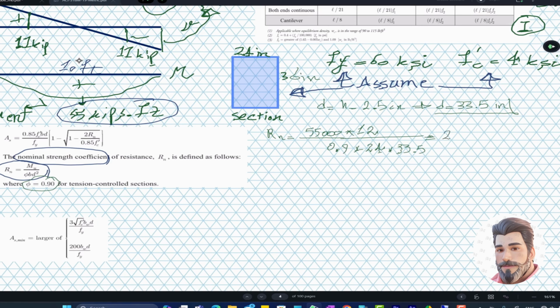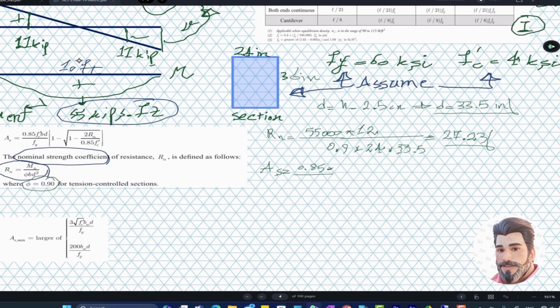In order to obtain the required cross-sectional area of this concrete, we first obtain the nominal resistance coefficient indicated by Rn.